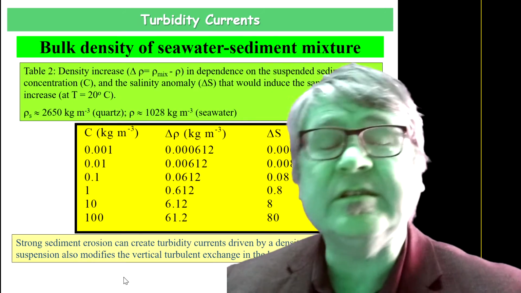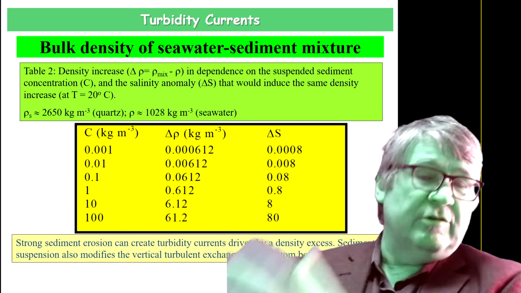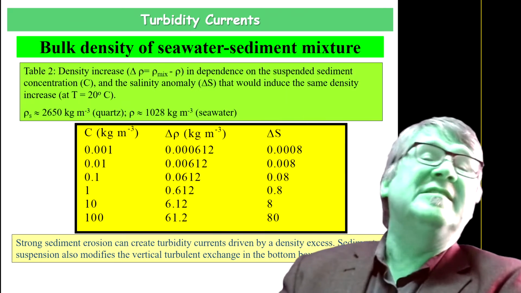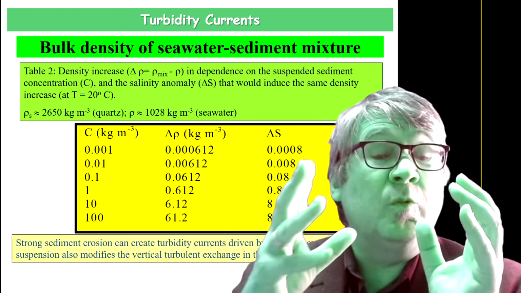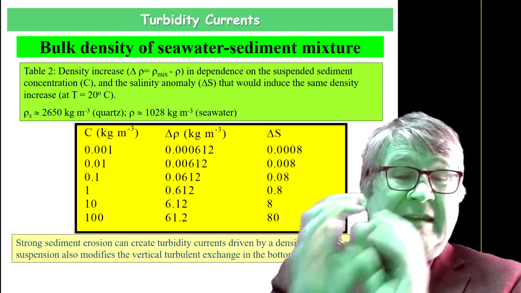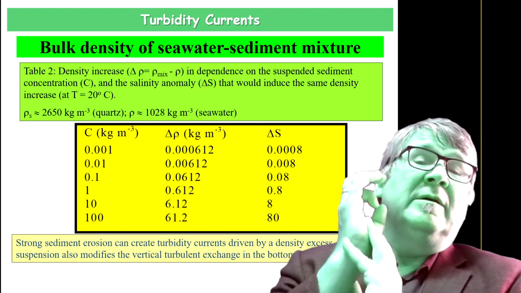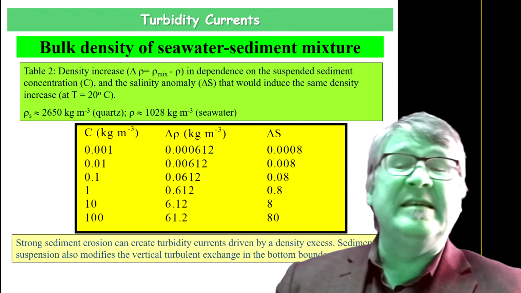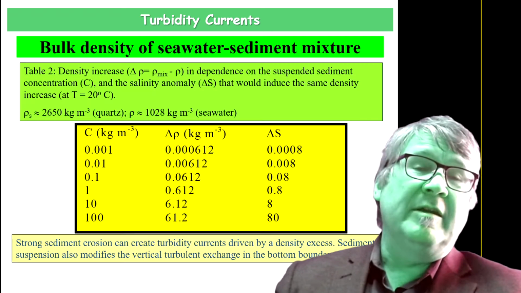Okay? And there's a little table where it tells you for a certain concentration of sediment in kilograms per cubic meter, what is the density increase that you get. Okay? And what you really need to know is that you only get noticeable changes once the concentration exceeds 0.1 of a kilogram per cubic meter.